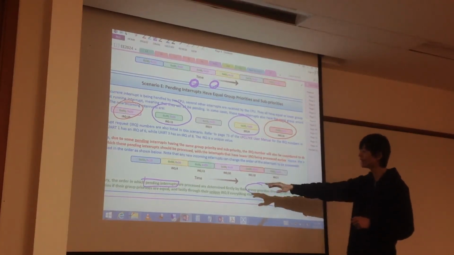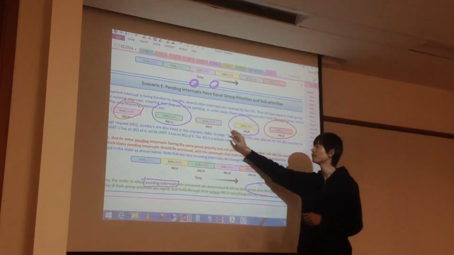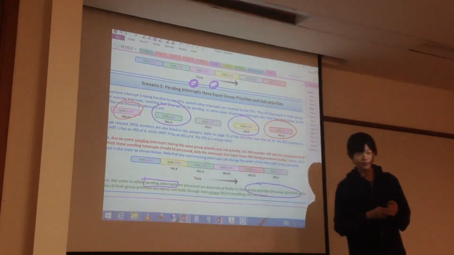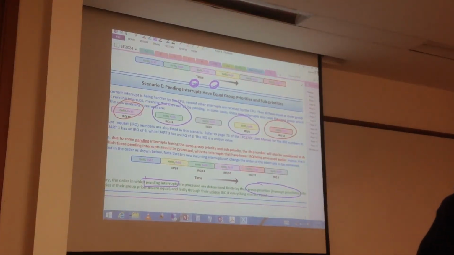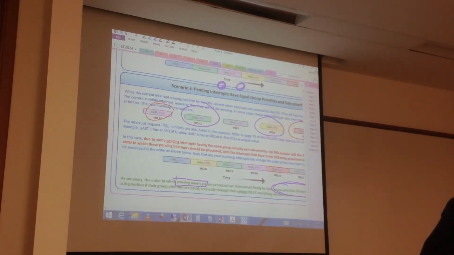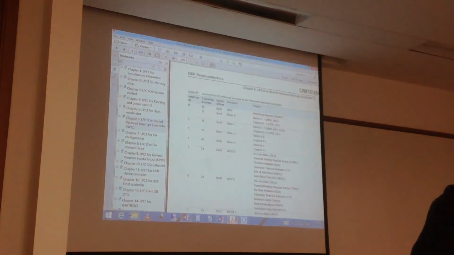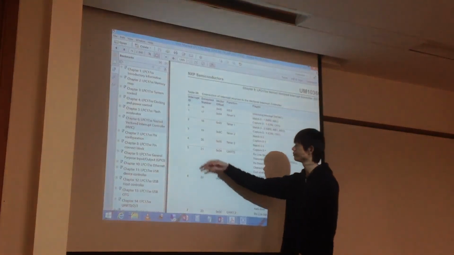It's only for pending interrupts whereby you check the sub-priority and IRQ. So first you check the group priority. If they are equal, you check their sub-priority. If they are equal, you check their IRQ number. And IRQ is unique. Each one of it is unique.